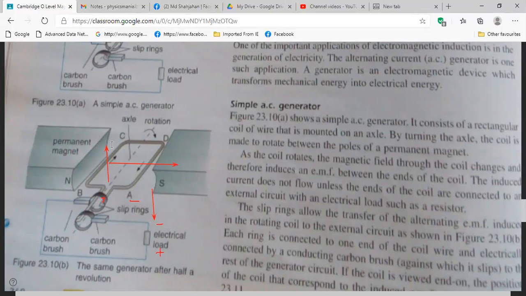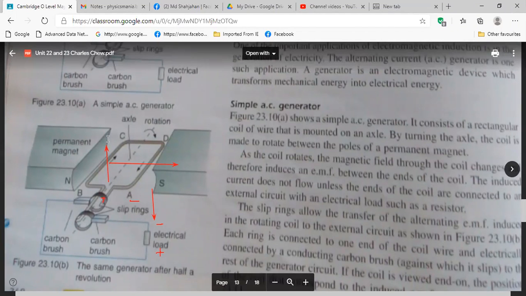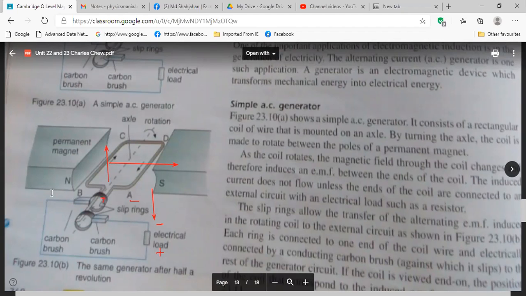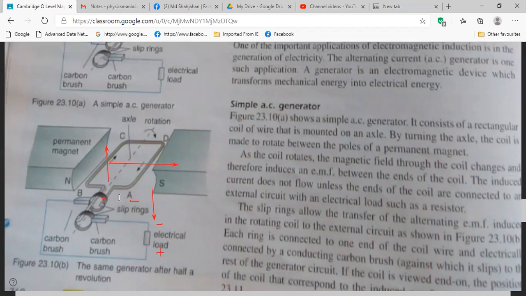But at the other positions, where we are not getting that much cut of the magnetic field lines by the coil, we are getting less induced EMF. And at one stage, when BA is vertical, we will have the least cut of magnetic field lines, and at that time the EMF is almost zero or zero.